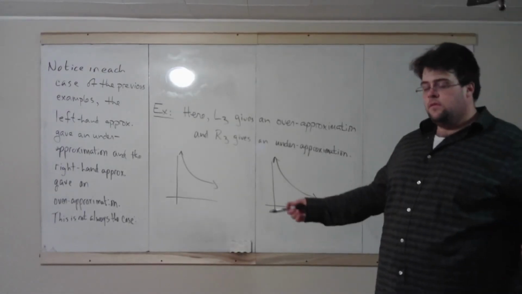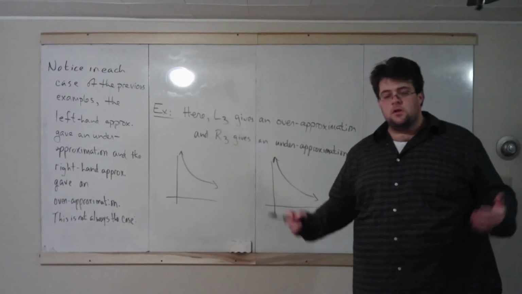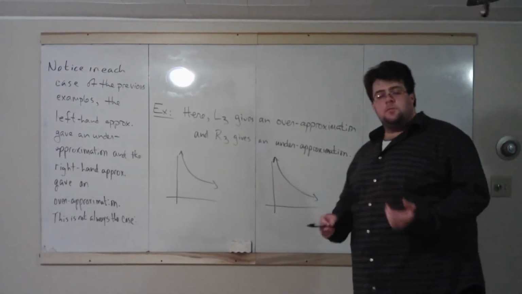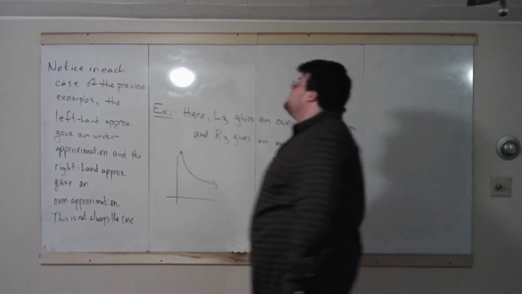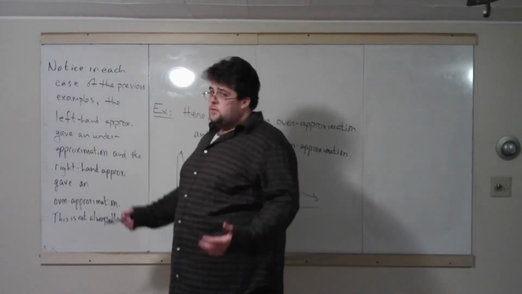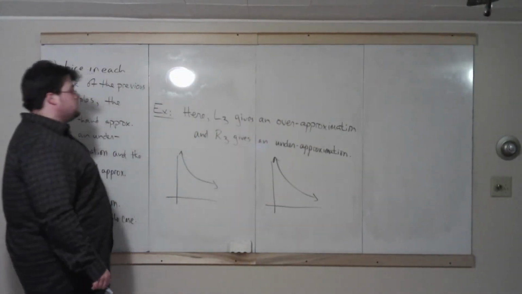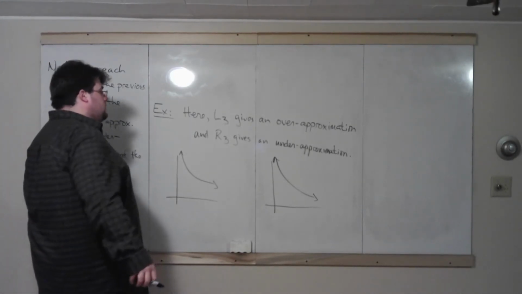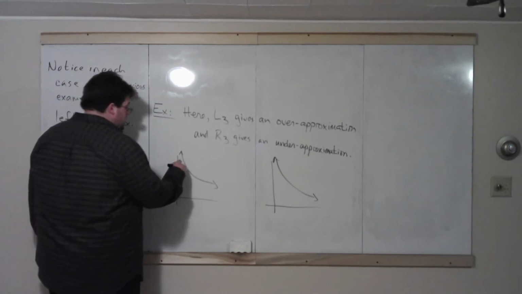In all of the examples we've seen so far, the left-hand approximation gave an under-approximation, and the right-hand approximation gave an over-approximation of the exact area. But that's not always the case, as this example shows. In this example, L3, the left-hand approximation of 3 rectangles, is going to give an over-approximation, and R3 will give an under-approximation.